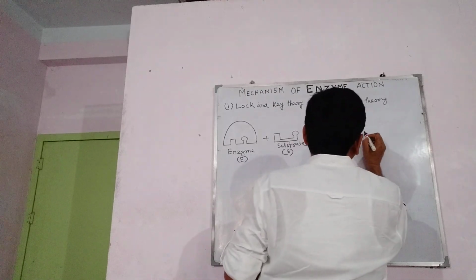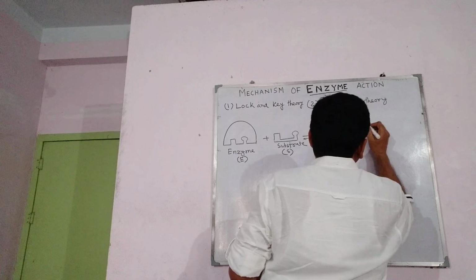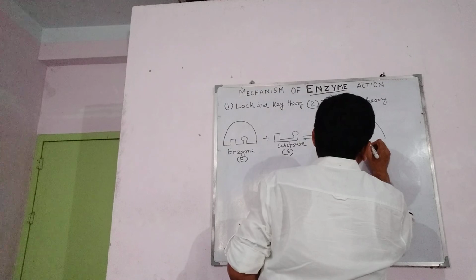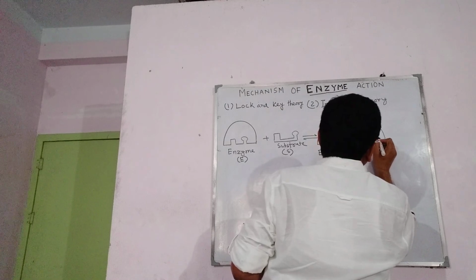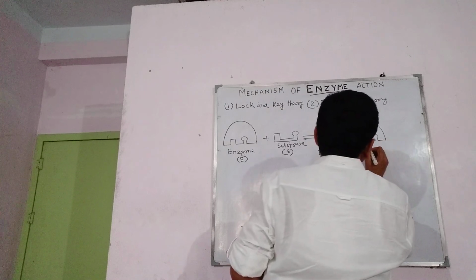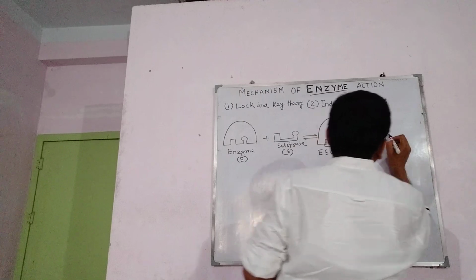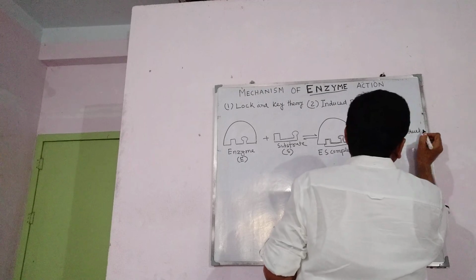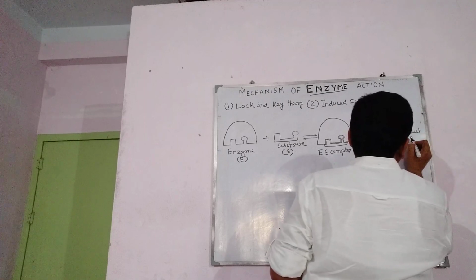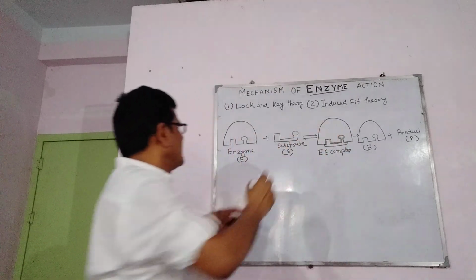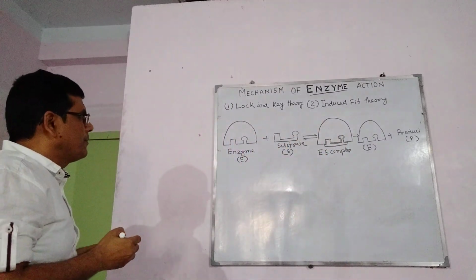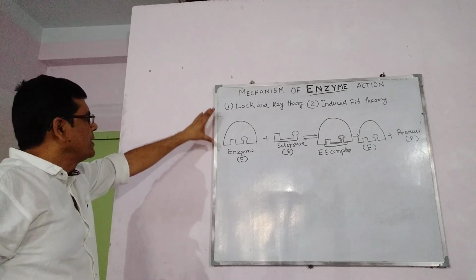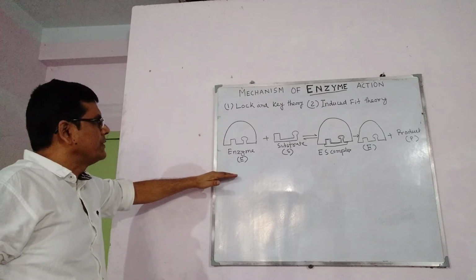Then the enzyme remains unchanged. This is the enzyme denoted by E plus product denoted by P. This is the first theory, that is the lock and key theory.